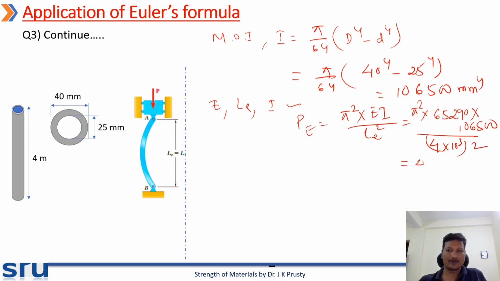So this value is 4290 Newton, and we can write 4.29 kilonewton.